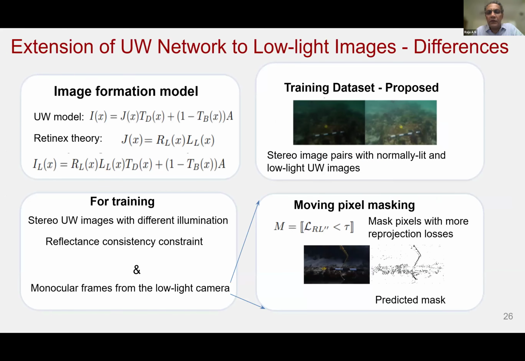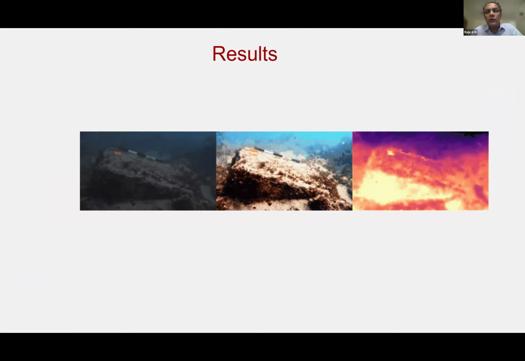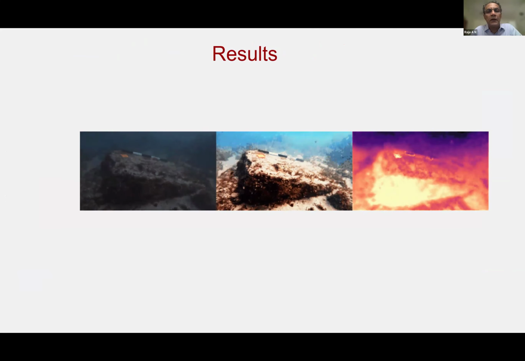But the whole idea was to bring a Retinex model into this low light situation, in order to be able to restore as well as recover depth, again doing the joint task, but now even when the light is really low. Like I said, I'm only glossing over this. I just wanted to give you a glimpse of how this works.